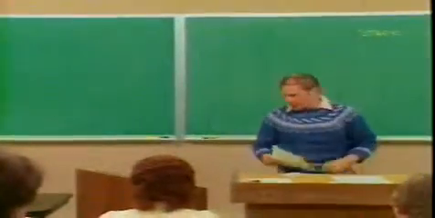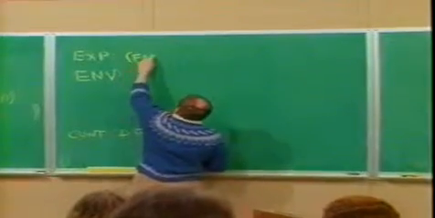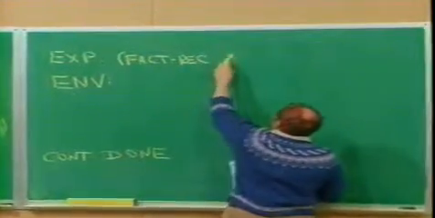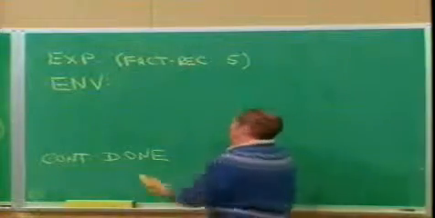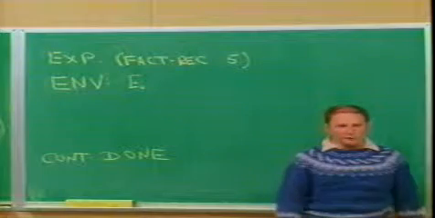Okay. All right, well, let's imagine we're going to start out again. We'll tell it to evaluate recursive factorial of 5 in some environment, again, E0, where recursive factorial is defined. Okay.